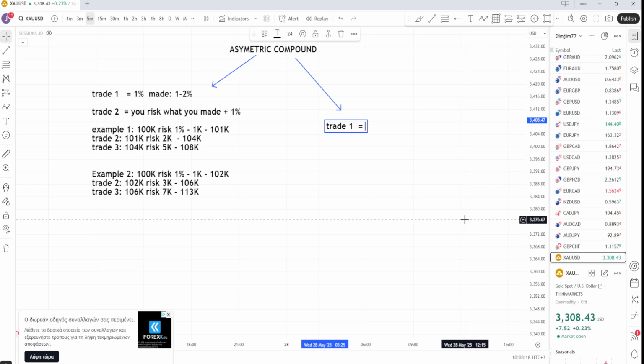Now, trade 1. You risk 1%. We have a little bit different risk, but each one is based on their own appetite. And let's say we made 5%. Trade 2, so here we have 101k.